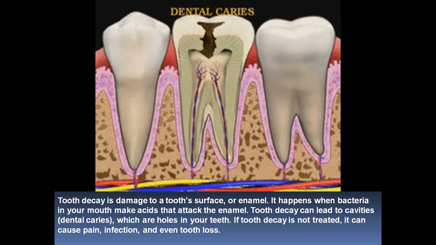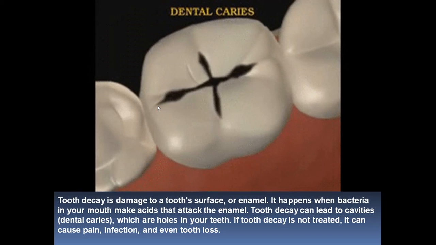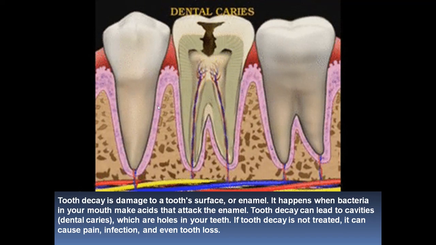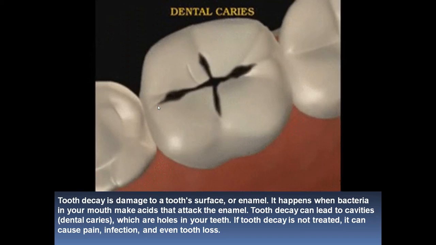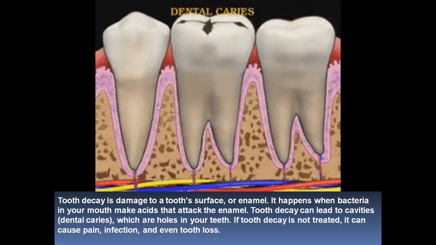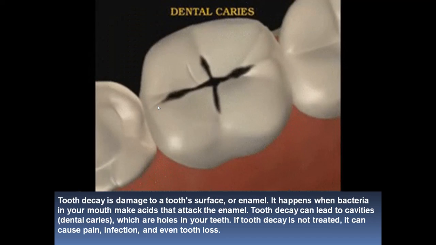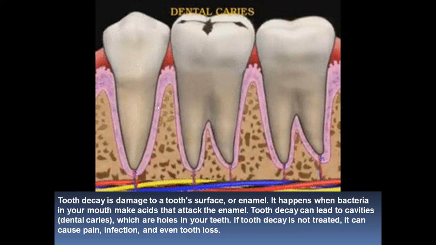Sometimes we suffer with dental caries. So what is this dental caries or tooth decay? Tooth decay or dental caries is the damage to the tooth surface or enamel. It happens when bacteria in your mouth make acid that attacks the enamel.